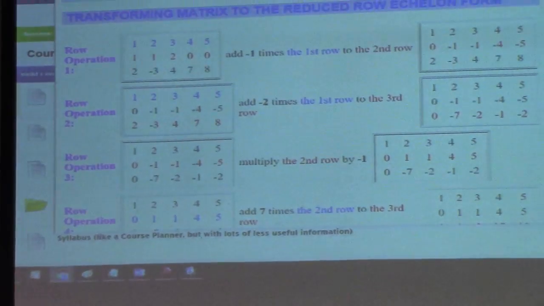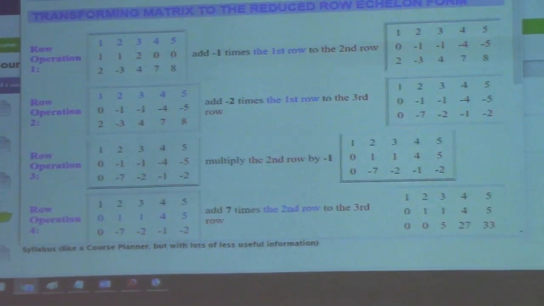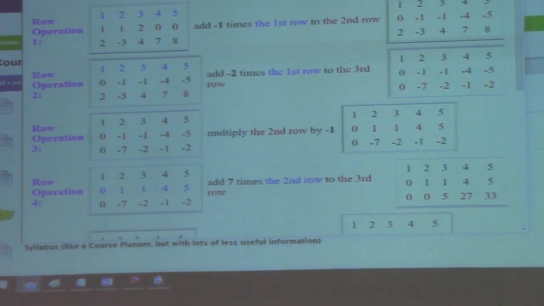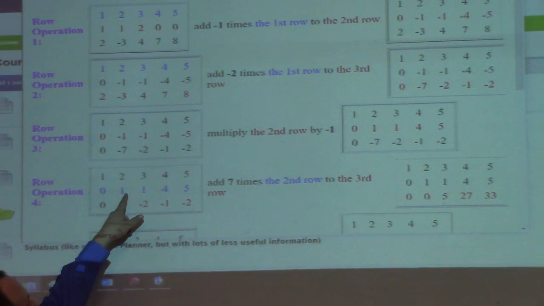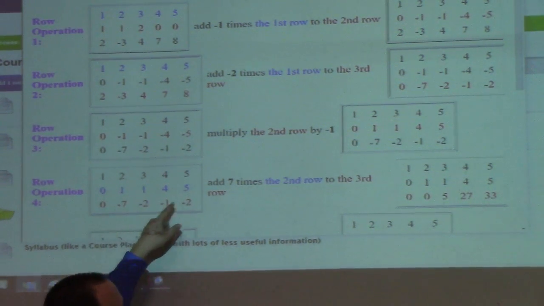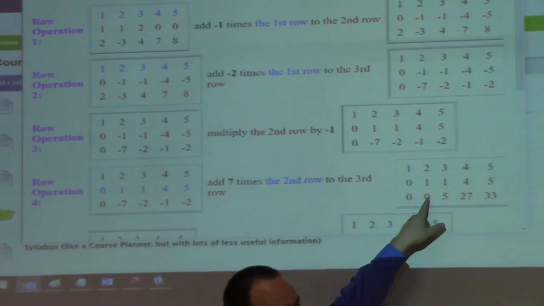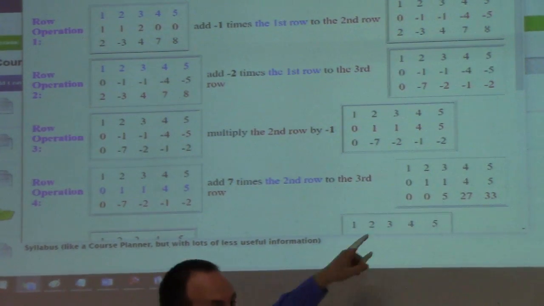Then add -2 times the first row to the third row. He has now cleared out the first pivot column below the pivot position. Then he moves on to the second pivot, and he's going to add 7 times the second row to the third row to clear out that one. And then this is going to be the third pivot.